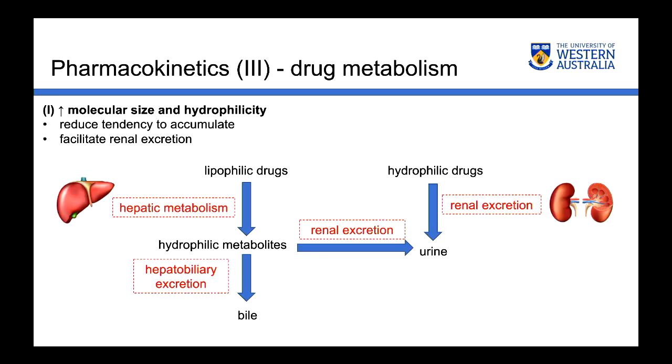For this reason, you have to consider whether a drug is hepatically metabolized or simply renally excreted, because that's important not so much for drug development, but also when we look at how the dose of the drug may need to be adjusted depending on whether the drug can be affected by impaired liver function or impaired kidney function.